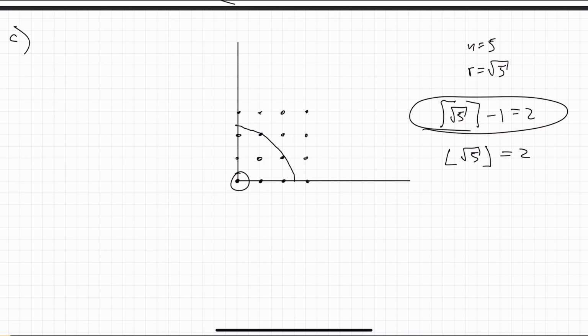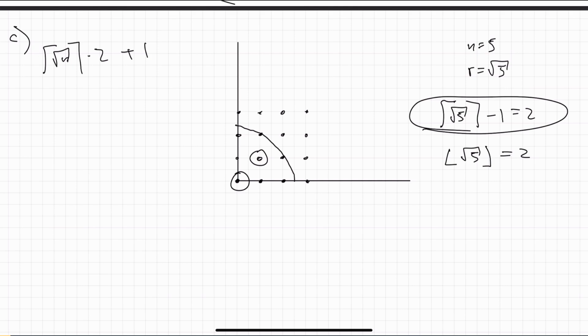So now, if we want to get the boundary points, we have the ceiling of root n minus 1, times 2, because we want to get both of them on both of the x and y axes, and then plus 1. So we have this so far. But now the tricky part is calculating the points that are inside. Now how do we do that?